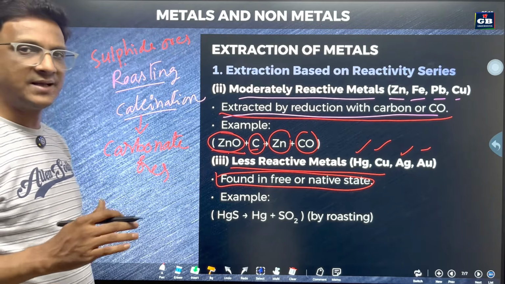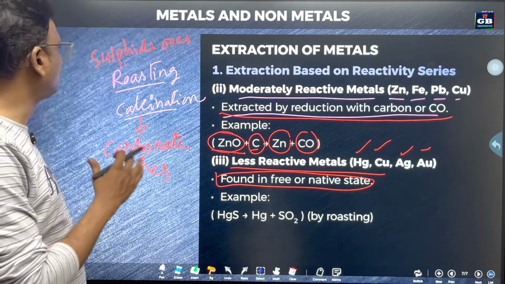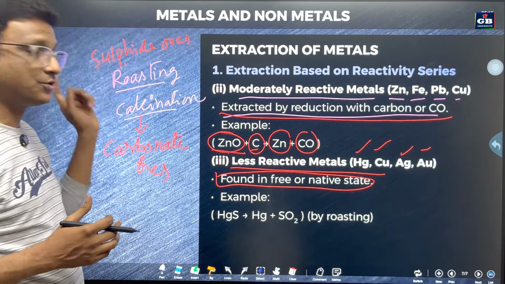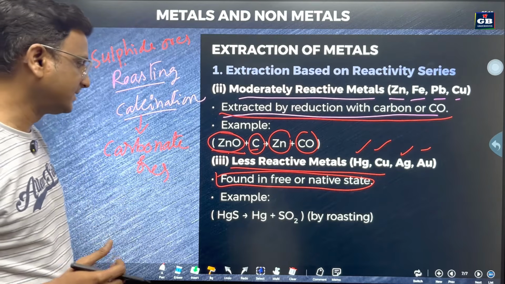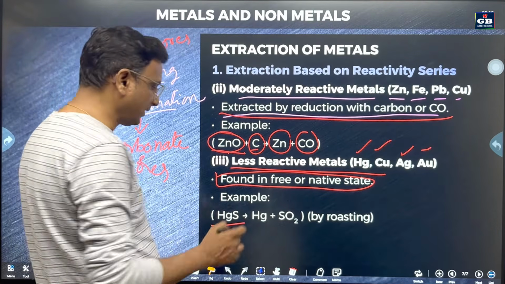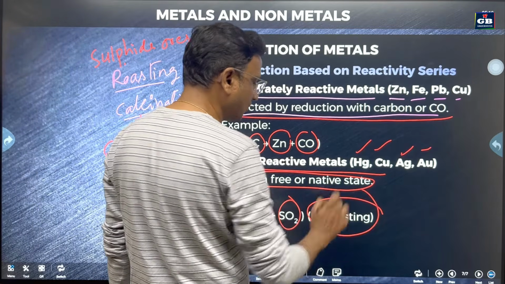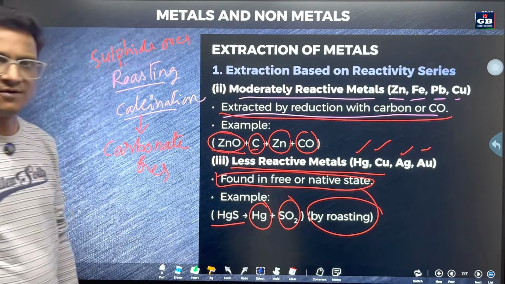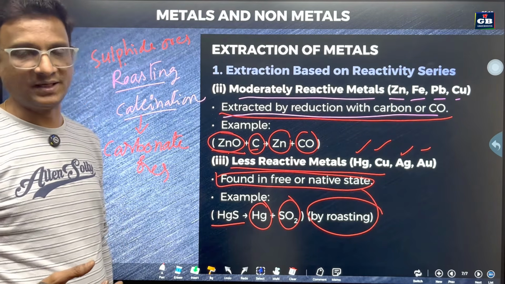Sometimes they are found in the form of sulfide ores. I already told you, for sulfide ores roasting is used. So by roasting they are extracted. Mercury sulfide gives mercury plus sulfur dioxide by the roasting method. After that they will be sent for refining of the metals.